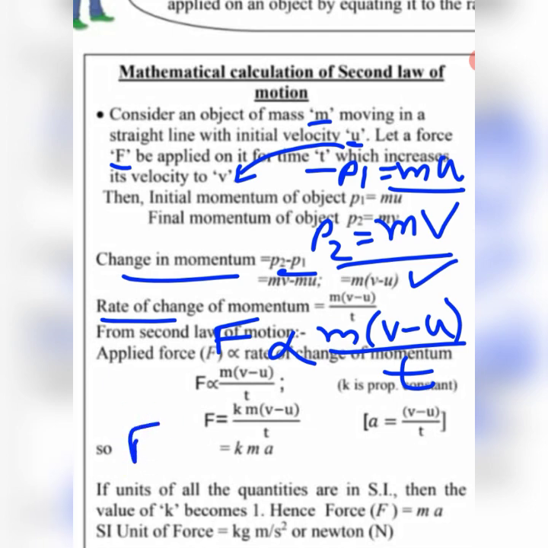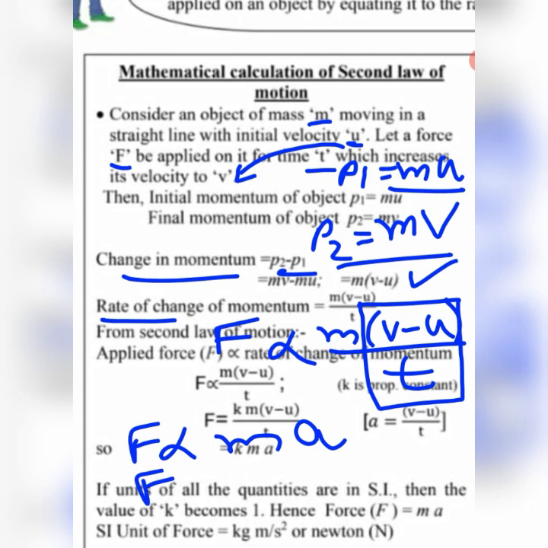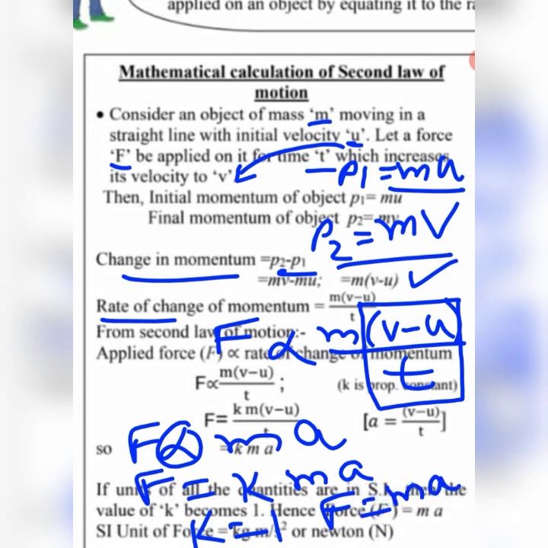So F is directly proportional to m(v minus u)/t, and as we know, the rate of change of velocity is acceleration, so F is proportional to m into a. When this proportionality sign is converted into an equal sign, a constant k is written: F equals k into m into a. When the value of k is equal to 1, F will therefore be equal to m into a, and this is the mathematical expression of the second law of motion.